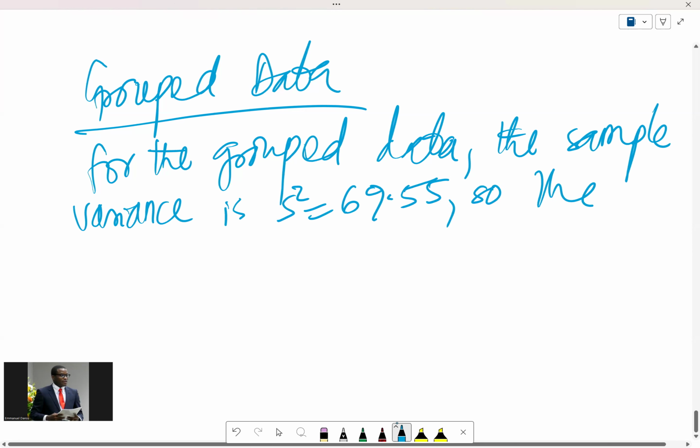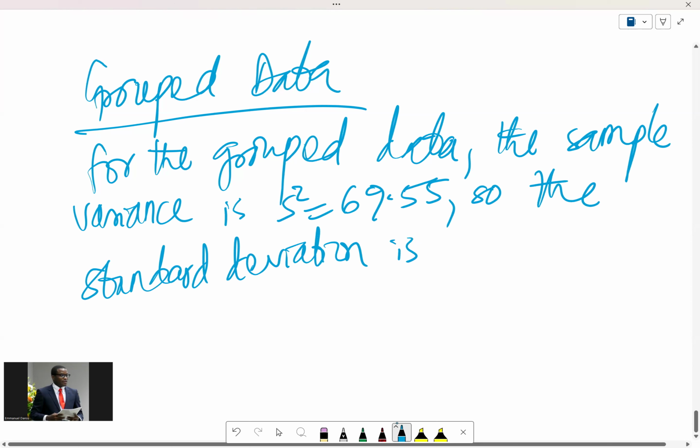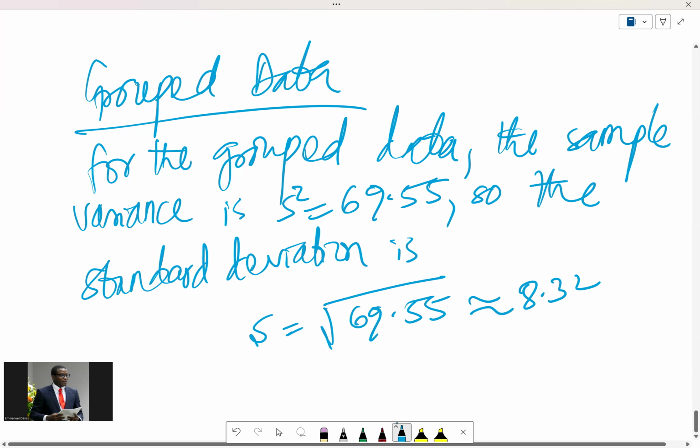So the standard deviation is S, which is the square root of 69.55. That is approximately 8.34.